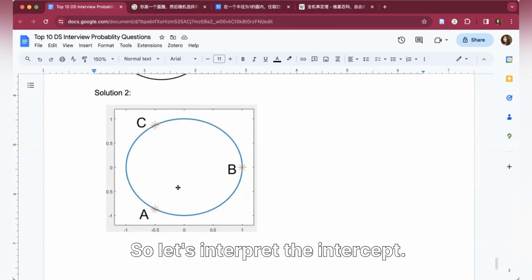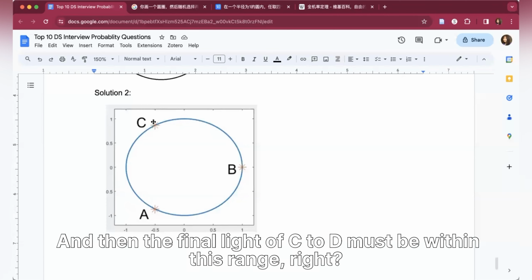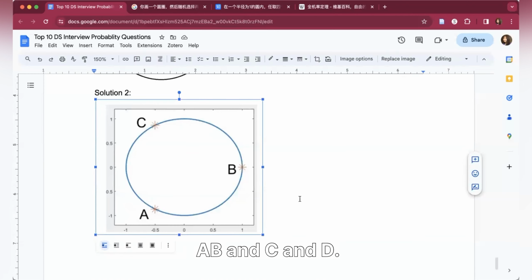So let's interpret the intersection. If you draw a line from A to B, then the final line from C to D must be within this range, right? A, B, and C, and D.